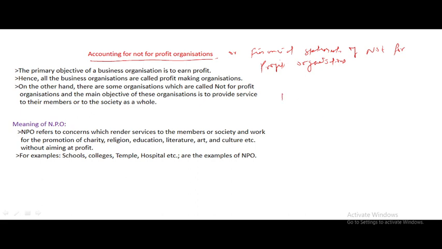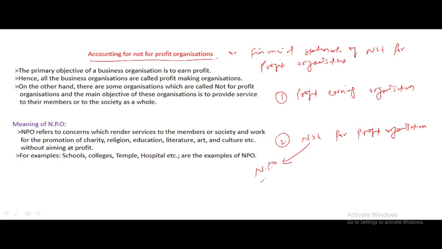We have two types of organizations. First is profit earning organization, and second is not for profit organization. In short, we say NPO.